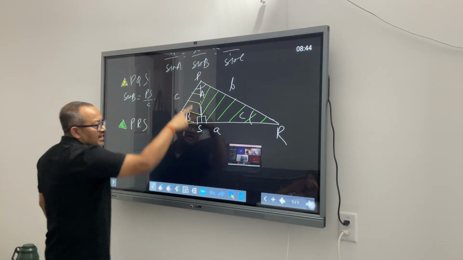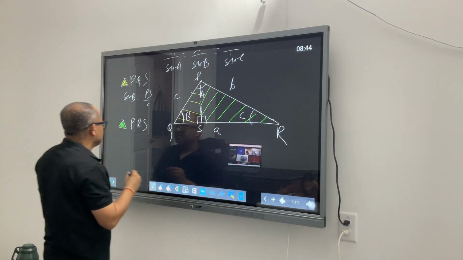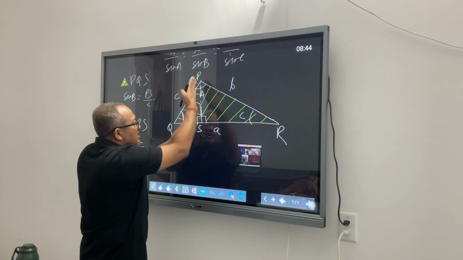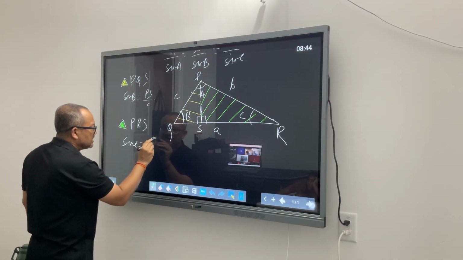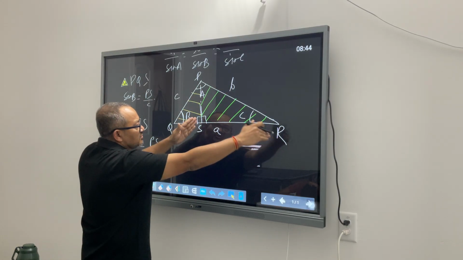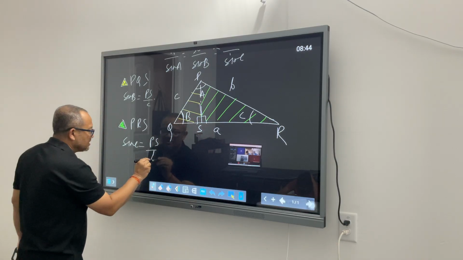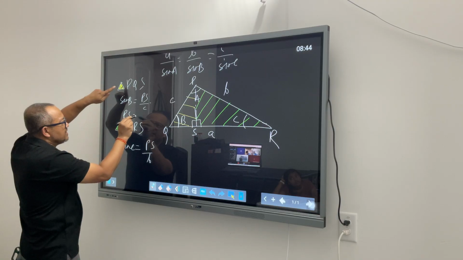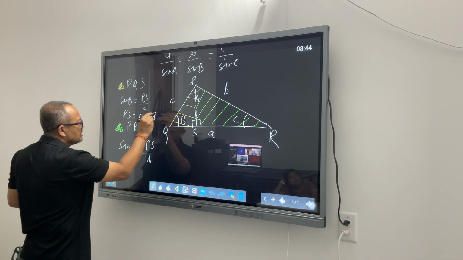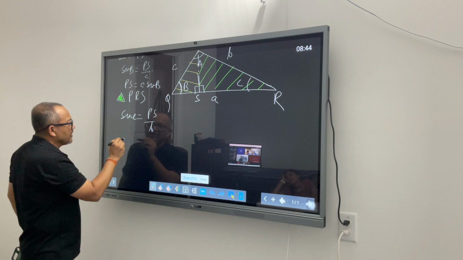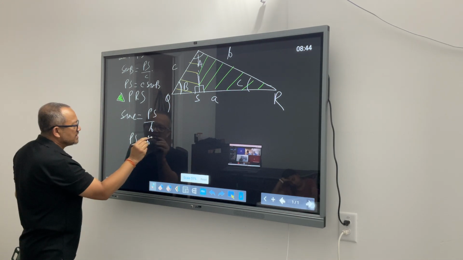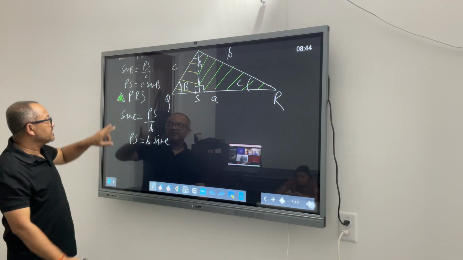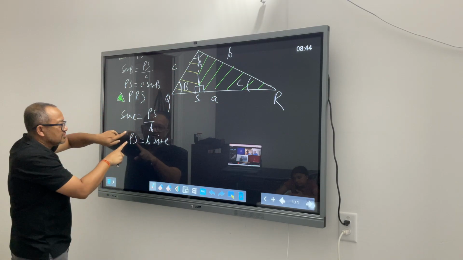In this green triangle, what will be sine of C? Sine of C will be equal to the side opposite to that, which is PS, divided by the hypotenuse of this right angle triangle, which is B. So from this yellow triangle you see PS equals C sine B. From this green triangle you found PS equals B sine C. And PS is the same side, so this PS is equal to this PS.